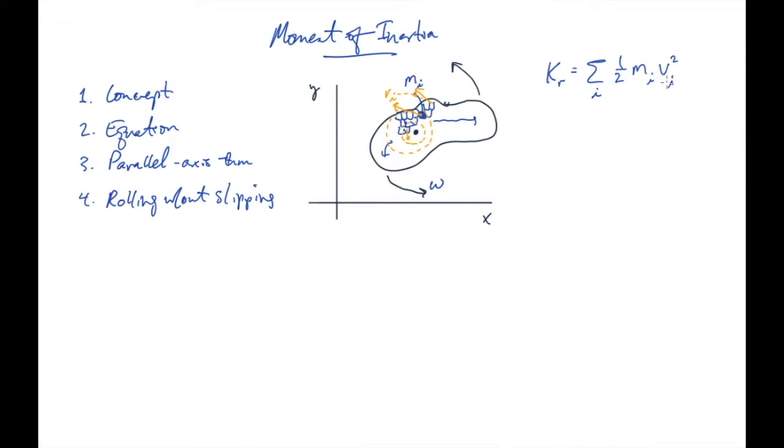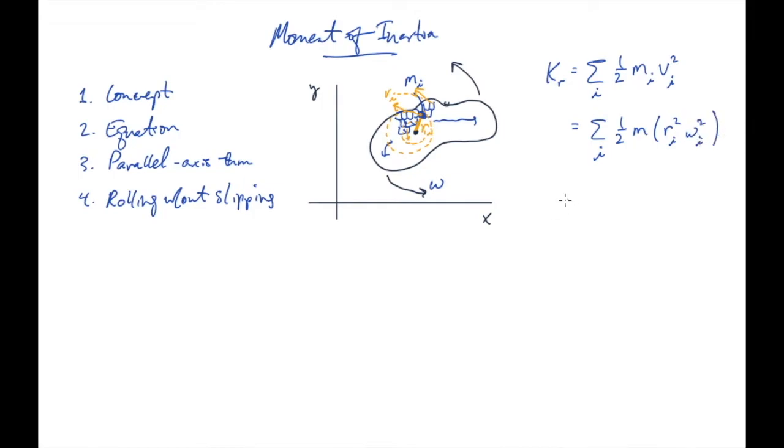So all of these v's are r times omega, where r is the distance from the pivot, from that dot to the object. So there's r sub I for that piece. And I need to add up now half m times r squared omega squared for every little object. So I get the sum over all the rectangles of half m sub I r sub I squared omega sub I squared.